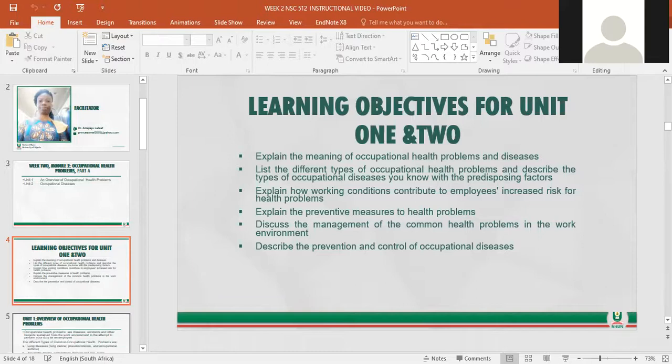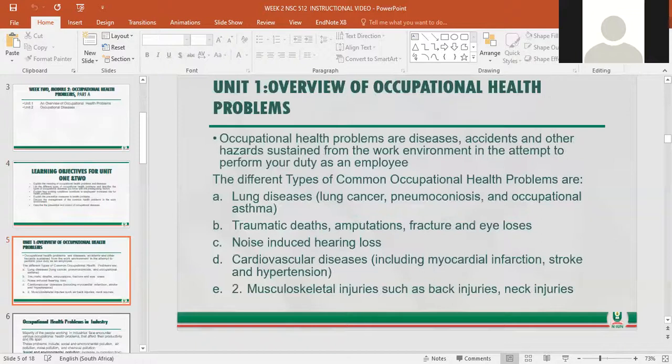At the end, learners should be able to mention or explain the preventive measures to occupational health problems to employees and the ways by which they can be managed. That is, management of common health problems in the work environment and the ways to control them.